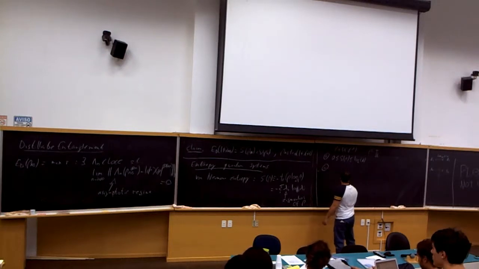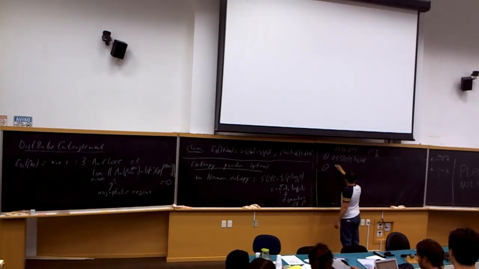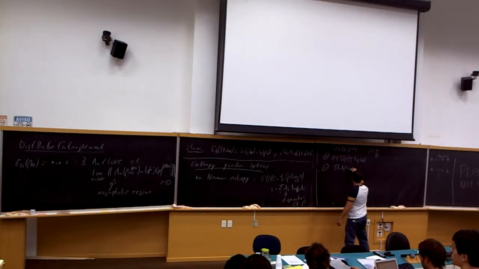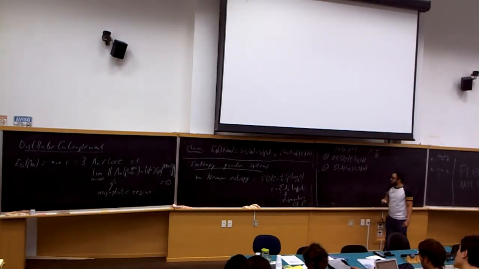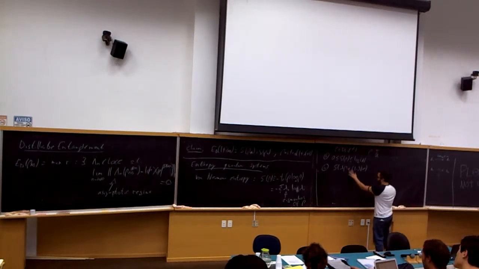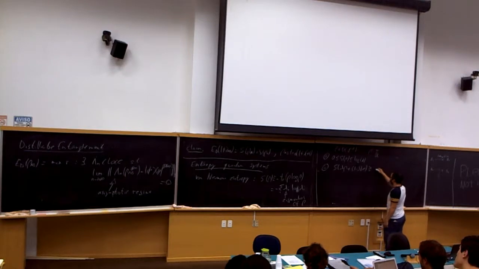Another useful property is that it's concave. If you mix two density matrices, since entropy is a measure of disorder in the state, it makes sense that mixing can only increase the entropy, and that's indeed the case.